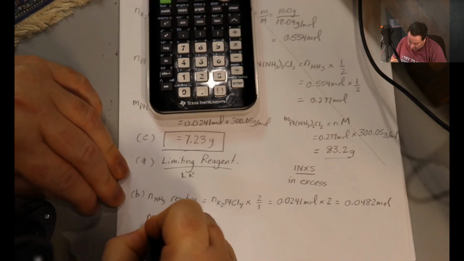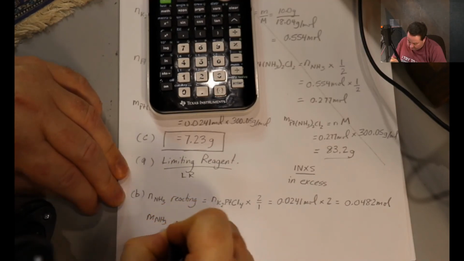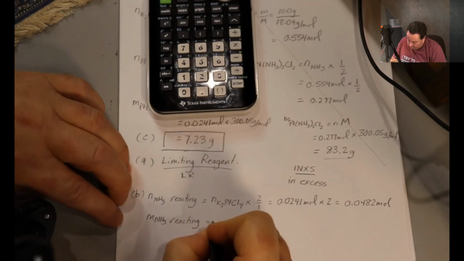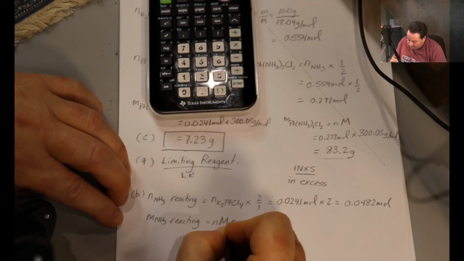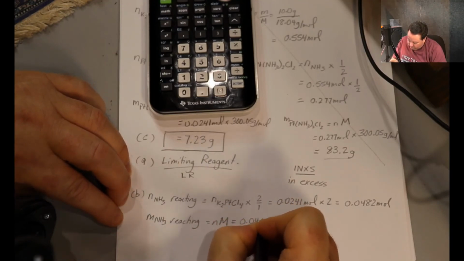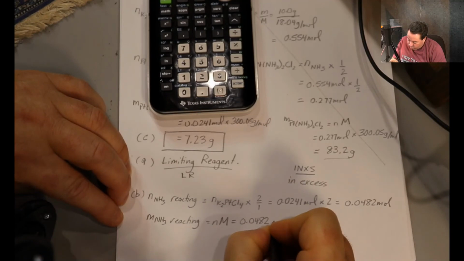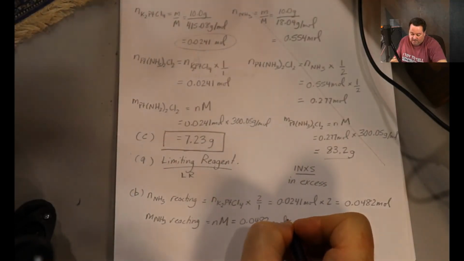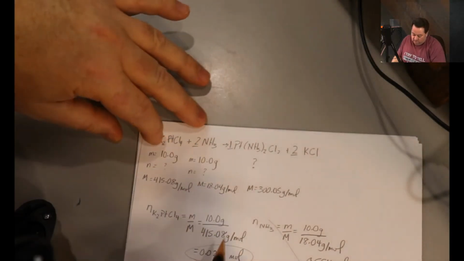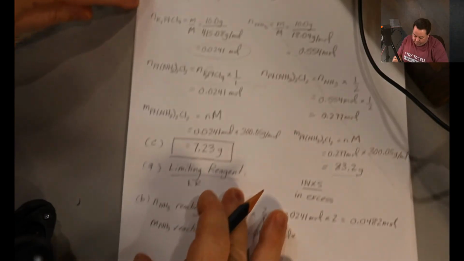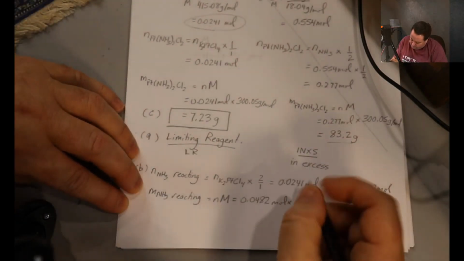And the mass of NH3 reacting is the number of moles times the molar mass. So 0.0482 moles times the molar mass for NH3, which we've said was 18.04.